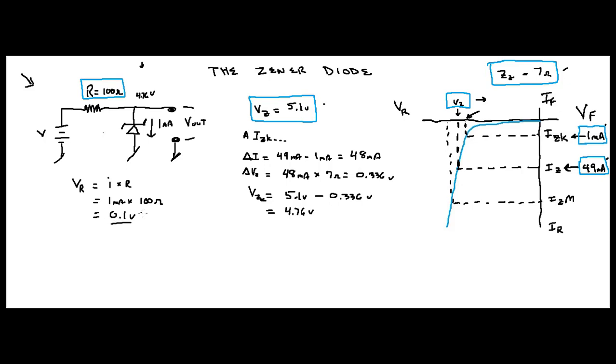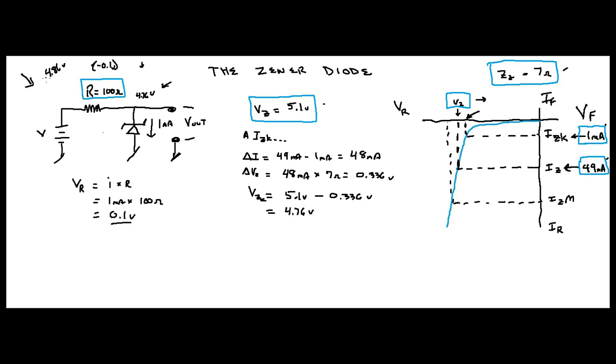So now you want to get the voltage that has to come in here. It's going to have to be higher, right? Because you're going to have something that's lost. Now what you have is what you need to figure this out, okay? So if you know the voltage at this point up here, which you do, it's right here, it's 4.76 volts. You know you're going to drop 0.1 volts here.